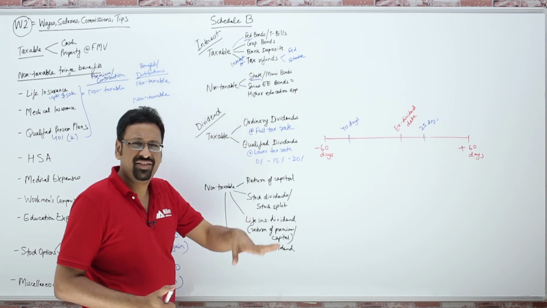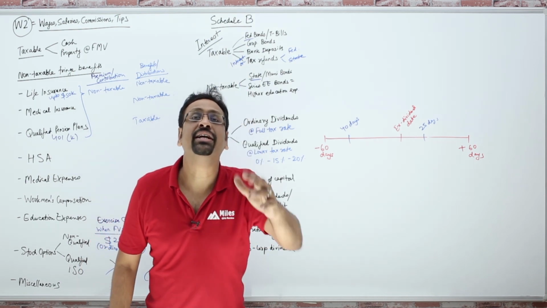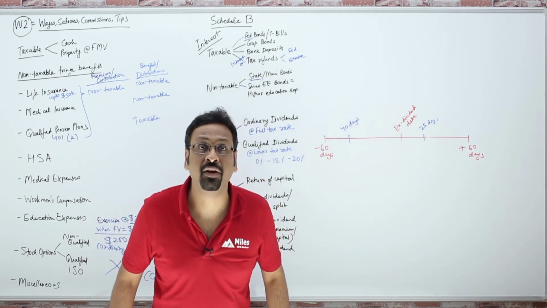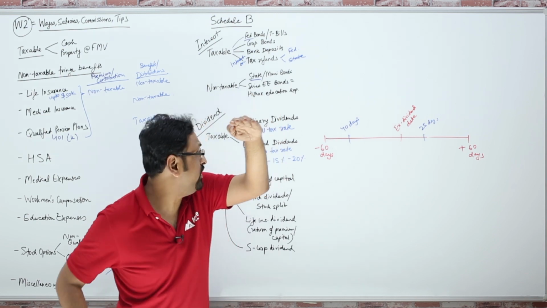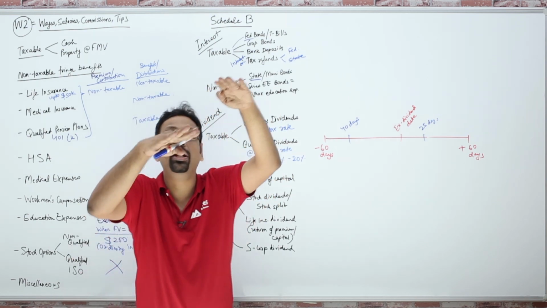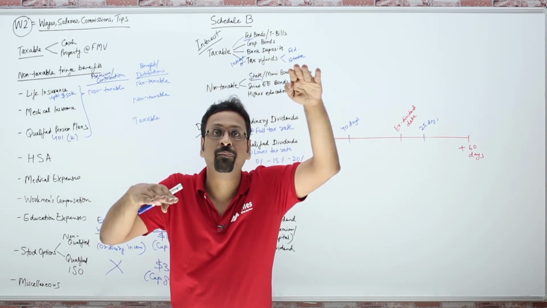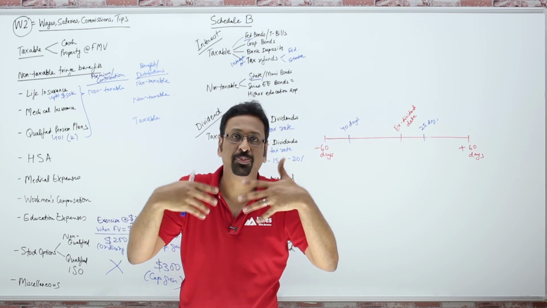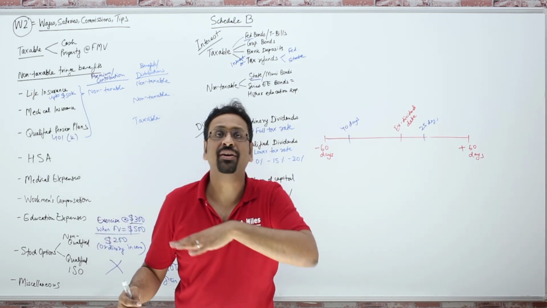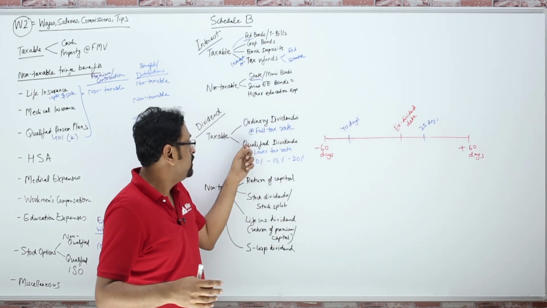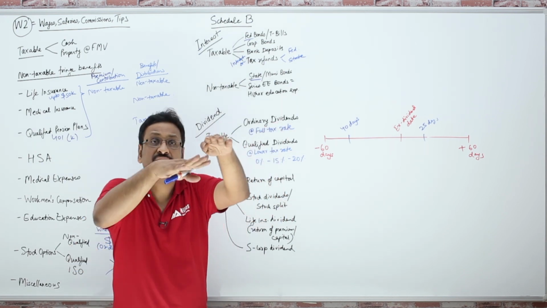So for the rich guys, the high income guys, the 37% tax bracket guys, the tax rate on qualified dividends is only 20%. For most taxpayers who are in the 20s and the 30s tax bracket, the tax rate on qualified dividends is 15%.